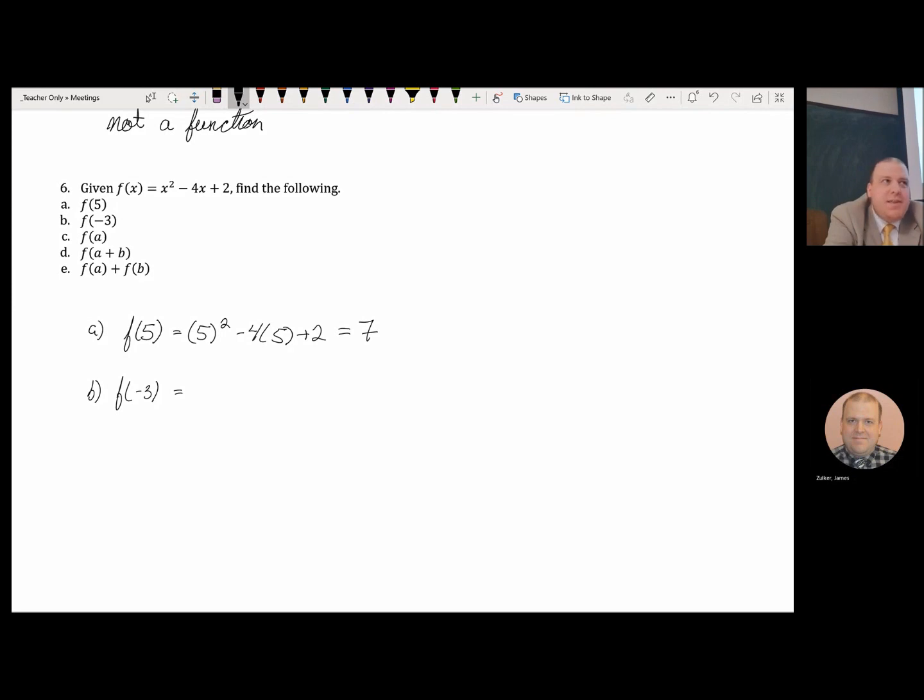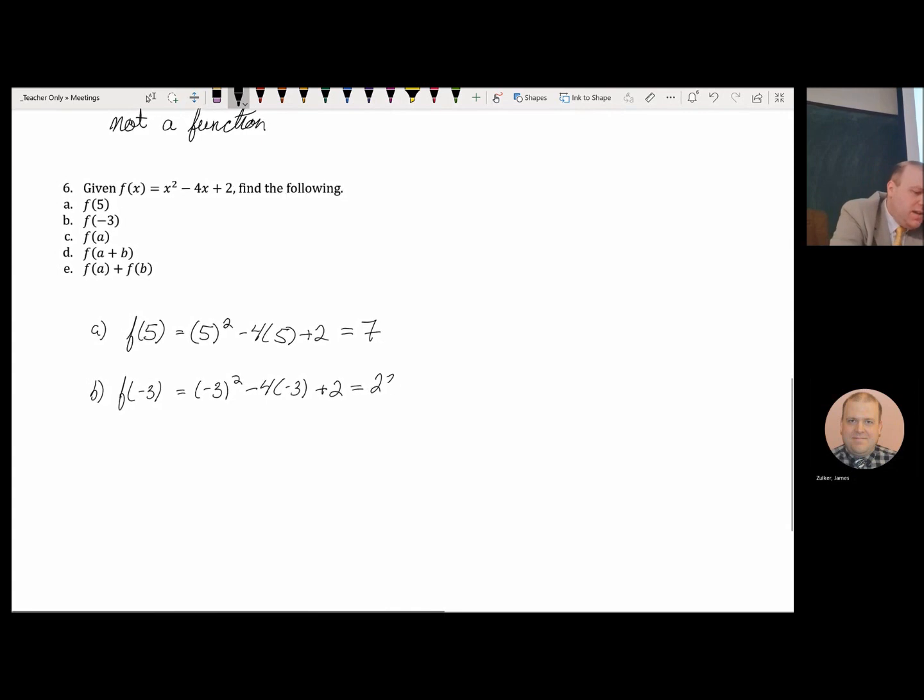Every time you see an x, just replace it with -3. -3 squared, 9. -4 times -3 is 12. 9 plus 12, 21. Plus 2 is 23. f of -3 is 23.